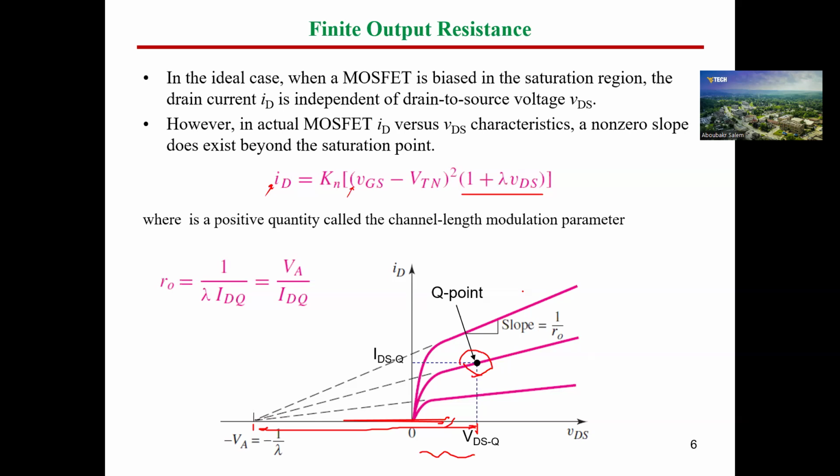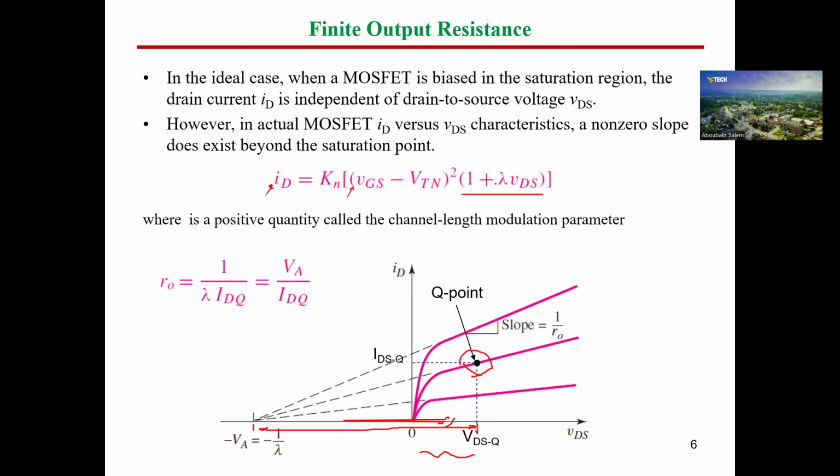Also, we discussed the non-ideal case, if we assume that we have a slope and we have resistance for our MOSFET. So this means our saturation is not going to be a flat curve. You have a slope for this curve, and this will intersect at a certain negative value here called VA, and that is the exact relation if you did not neglect this resistance r_o.